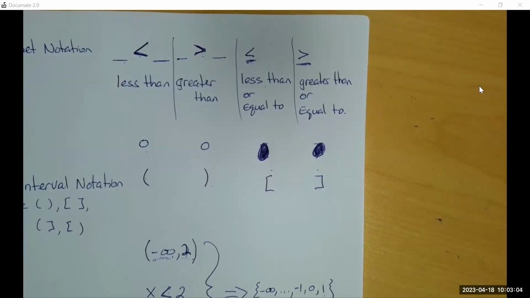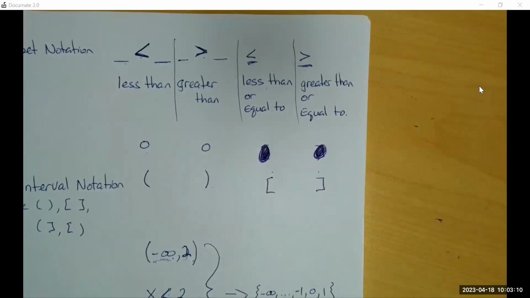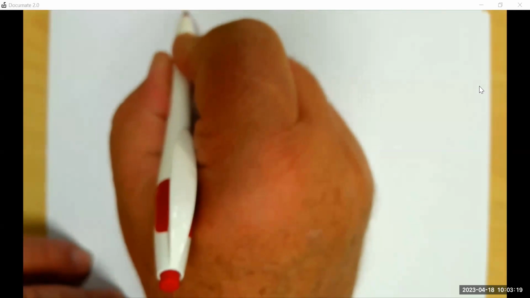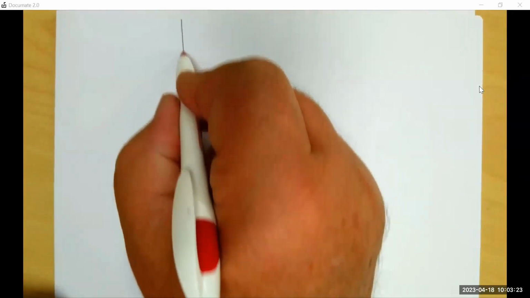Now it's time for us to go through all the possibilities. There's a lot of them. So on your piece of paper, it helps if you get a blank piece of paper. Draw a vertical line all the way down.